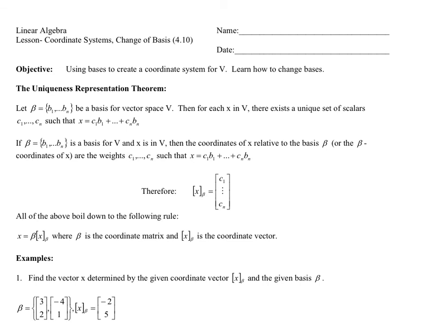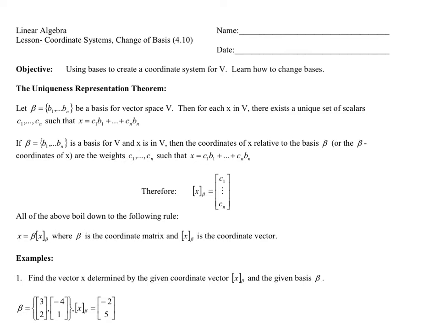The theorem itself is very linear algebra-esque. Beta is a set of vectors in the vector space V. Then for each x in V, there exists a unique set of scalars, C, such that a linear combination is formed.